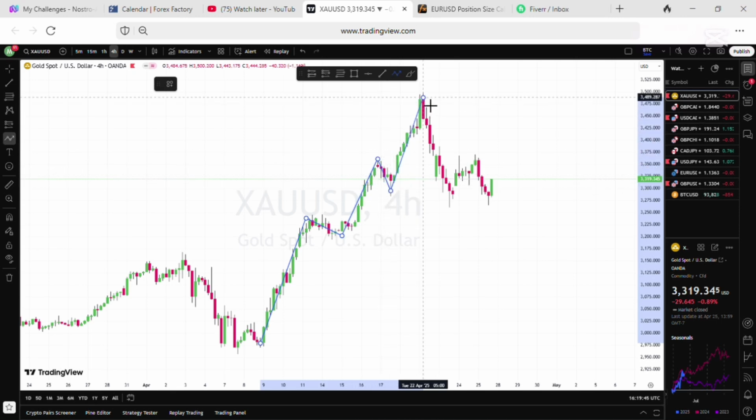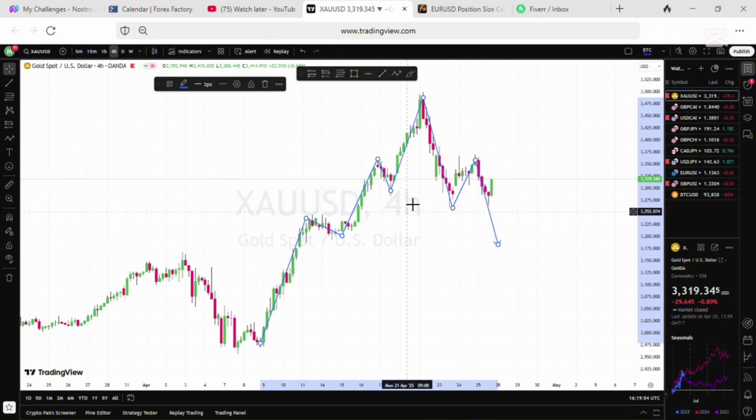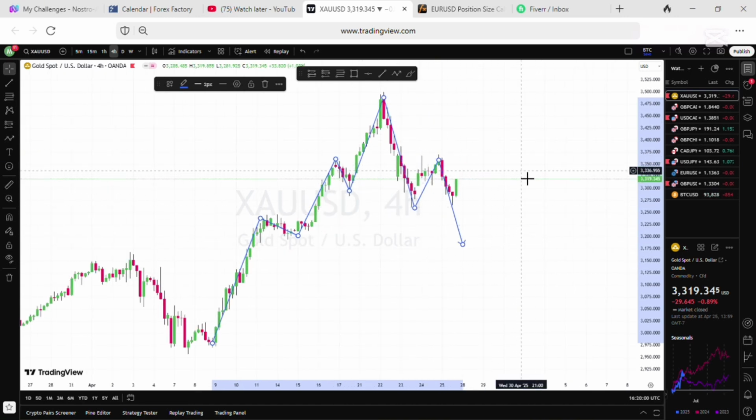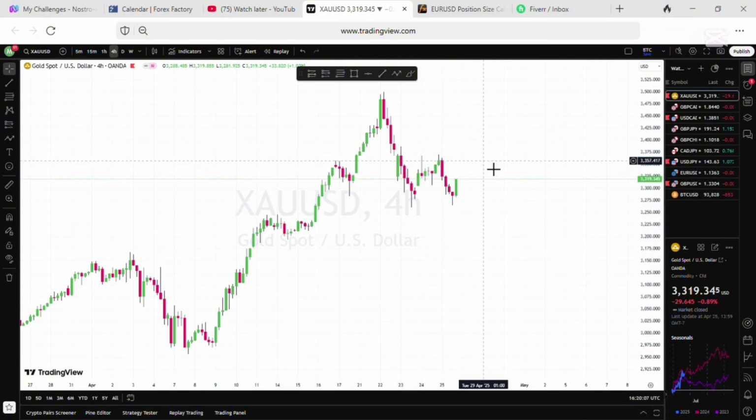As you can see, it's doing that, but here we think we are having something down. If you notice, this is a head and left and right shoulder, and this is a candlestick formation. So let's see what price is going to be doing.